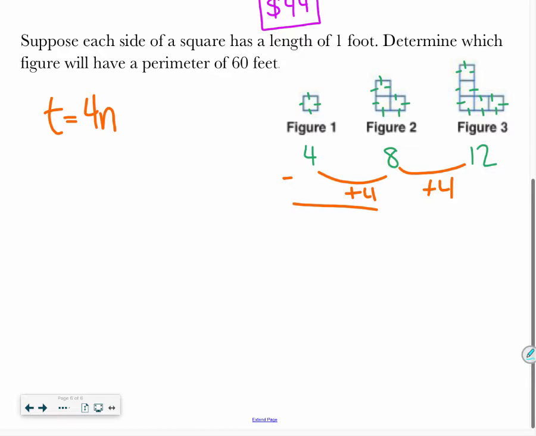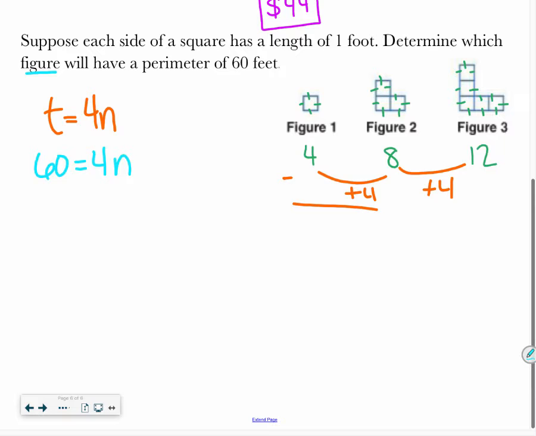We want to figure out which figure will have a perimeter of 60 feet. Okay, so am I going to plug 60 in for t or for n? n represents the term number, and that's the figure number. That's what we're trying to determine. What is the figure number? So we're going to leave the n alone this time. We're going to set our equation equal to 60. So I have 60 equals 4n.